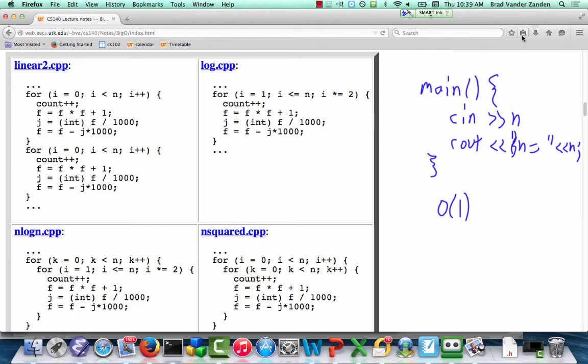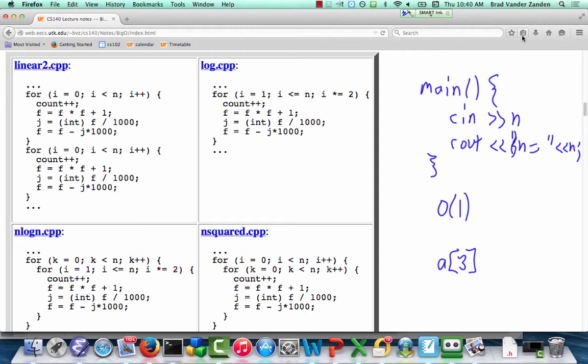So any operation that doesn't involve a loop or recursion essentially is a constant time operation. So when we try to access the element of an array, that's a constant time operation. It takes a constant amount of time to access an element in an array or a vector.